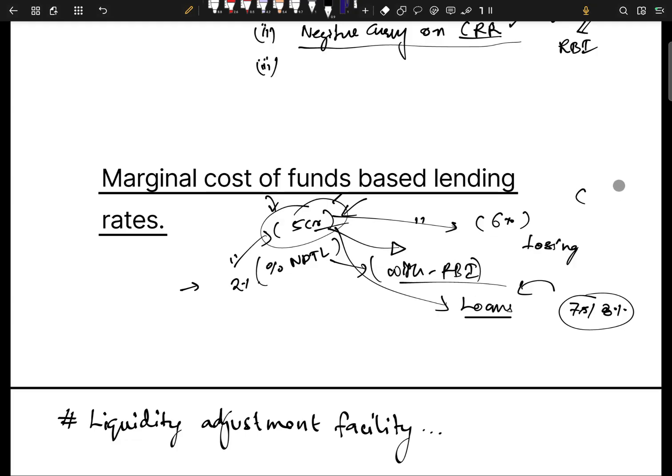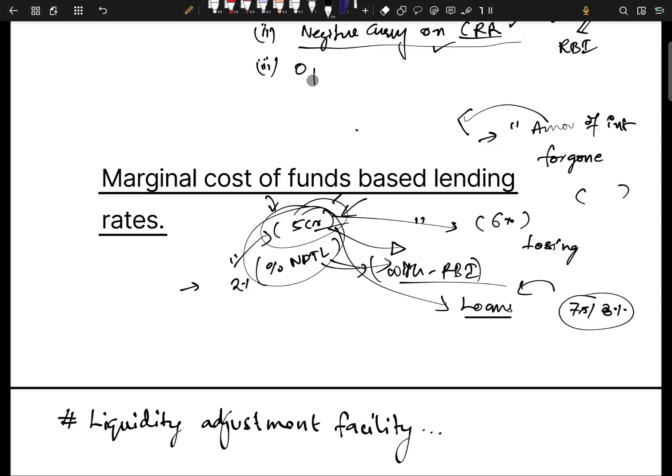So the amount of interest that is foregone or lost because the banks are depositing a certain amount of NDTL with RBI, this foregone amount is nothing but negative carry on CRR.